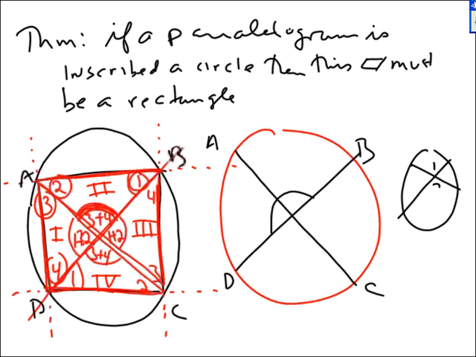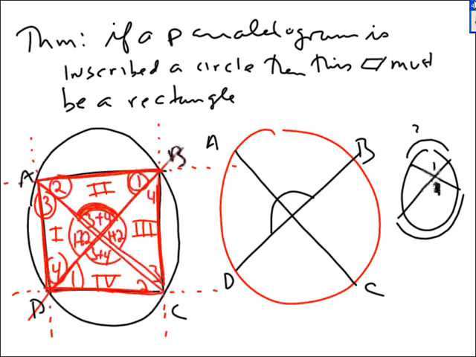Angle 1 and angle 2, well, they're actually both angle 1. The average of these two arcs should be angle 1.